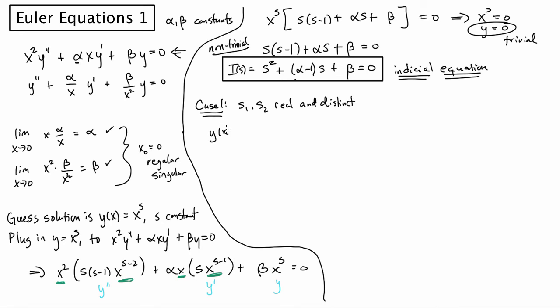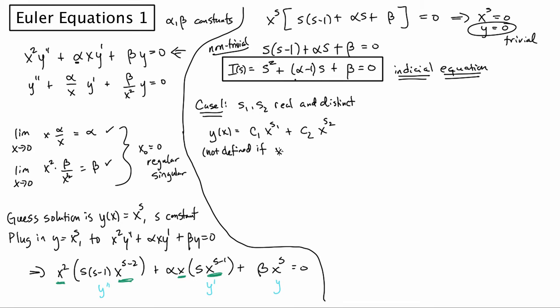You get y of x equals c1 x to the s1 plus c2 x to the s2. But there actually is a problem with this answer. The problem with this answer is it's not defined if a couple of things occur.